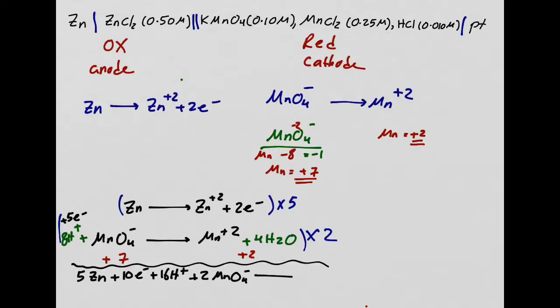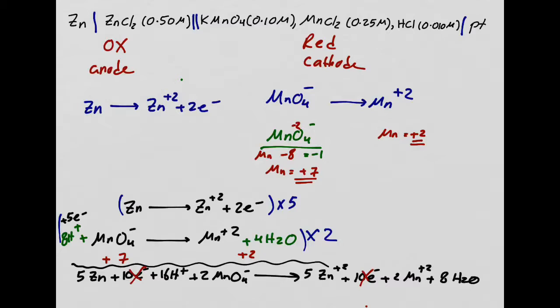Don't forget that you have to multiply everything out. Plus 2 Mn plus 2 plus 8 H2O. Is there anything that I can cancel out? Yeah, definitely the electrons. If you can't cancel out the electrons, you're in big trouble.